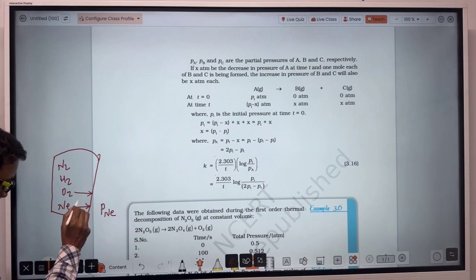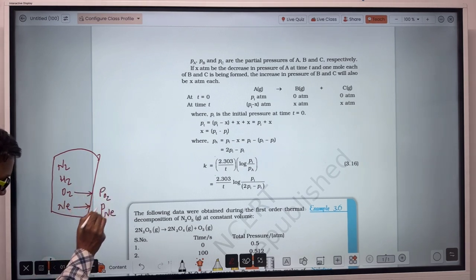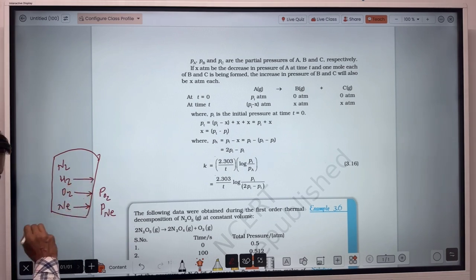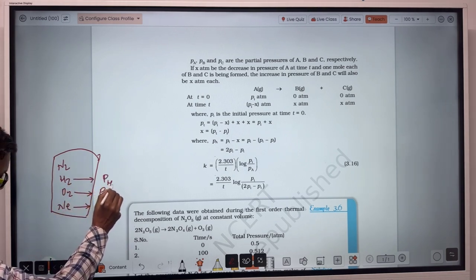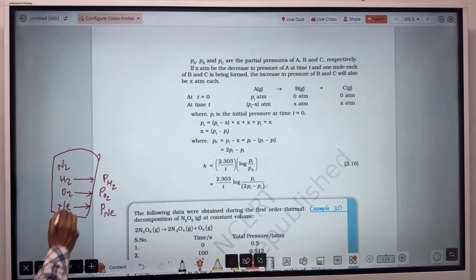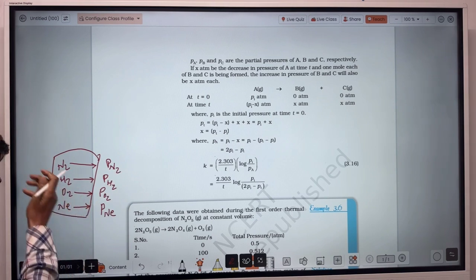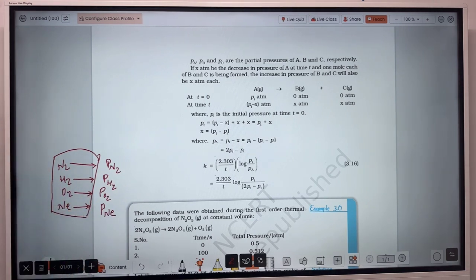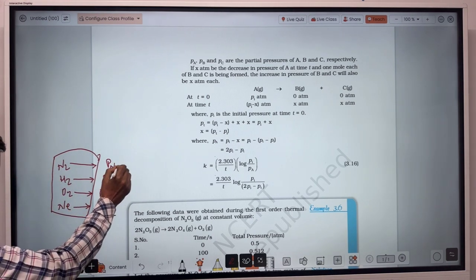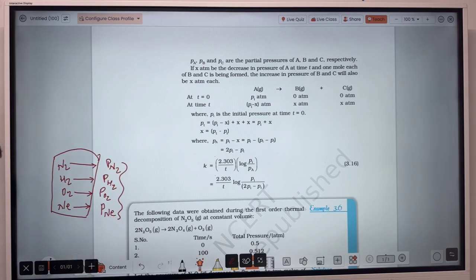The pressure exerted by oxygen will be called the partial pressure of oxygen. The pressure exerted by hydrogen will be called the partial pressure of hydrogen. And the pressure exerted by nitrogen will be called the partial pressure of nitrogen. Total pressure will be the summation of all of them.